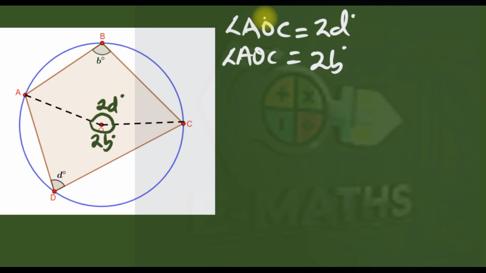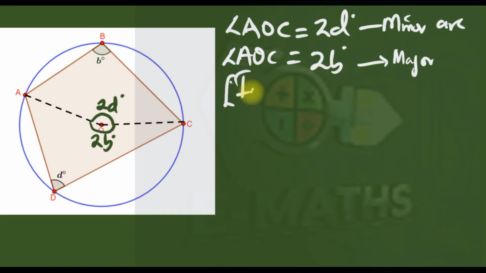That's the minor arc, while this is the major arc. Why these two are equal to 2D and 2B respectively is because of the inscribed angle theorem.